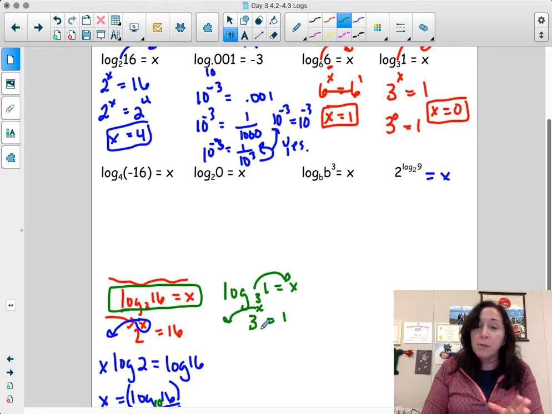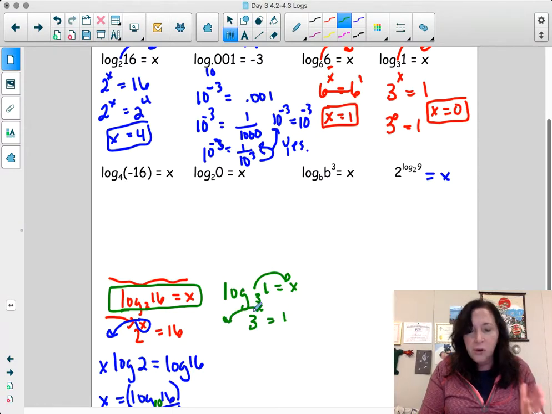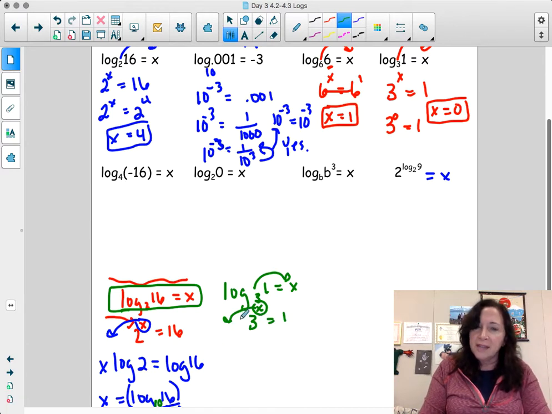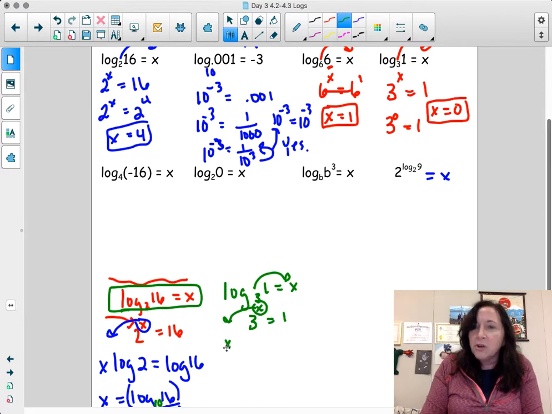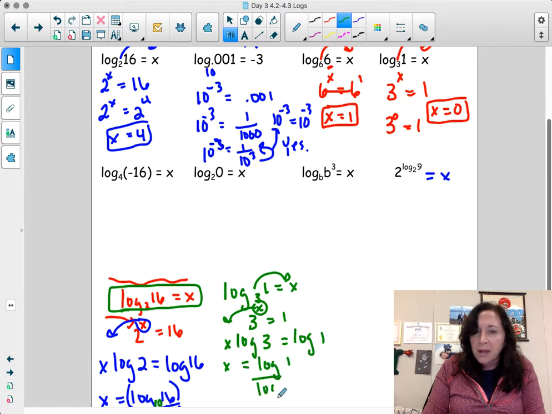Because remember, if your variable is an exponent, like this is, there's your exponent, then you can log that to get that out. Because remember, an exponential equation is a logarithm. So that's going to go forward. So you're going to have x log 3 is equal to log 1. And you would get x is equal to log 1 divided by log 3.